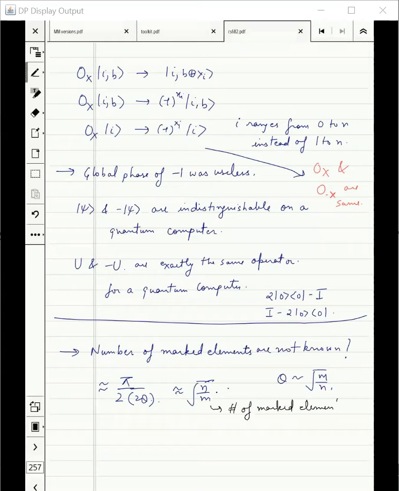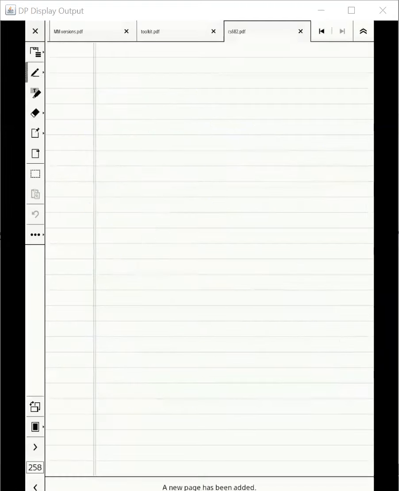But if that is not known, what can we do? Any guesses? Let's see. If we do not know m, then we are just doing it.